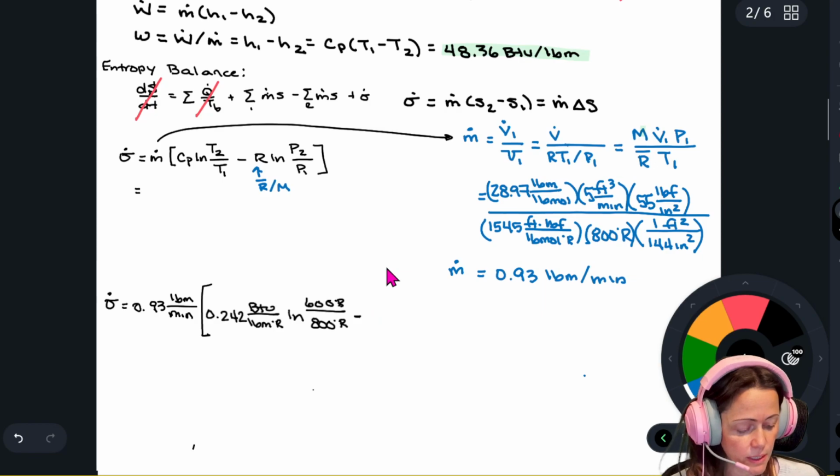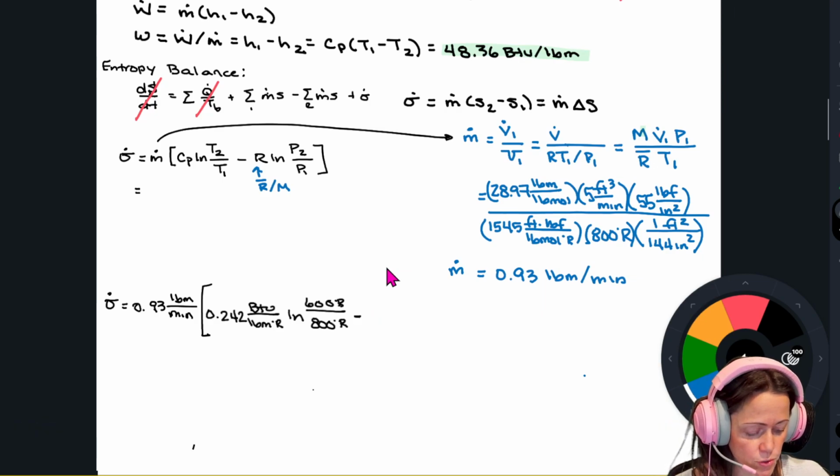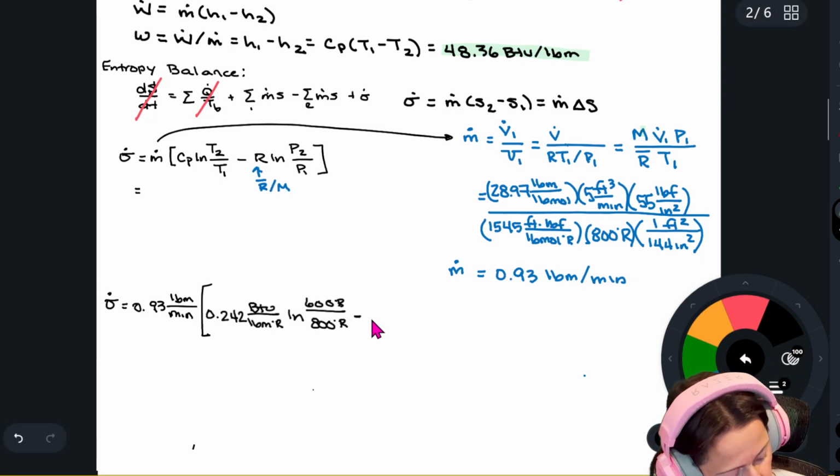Because I want my units to work out right, I'm going to use the R bar that's got a BTU in it, so that's 1.986 BTU per pound mole degree Rankine.